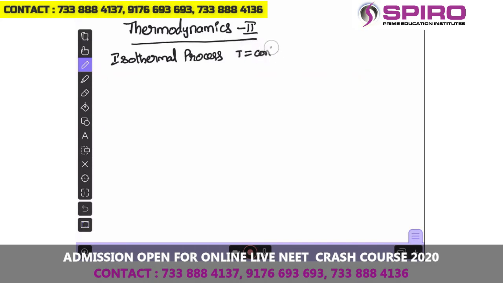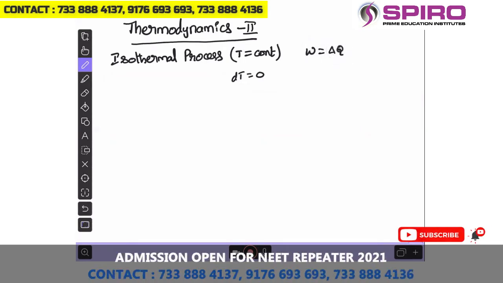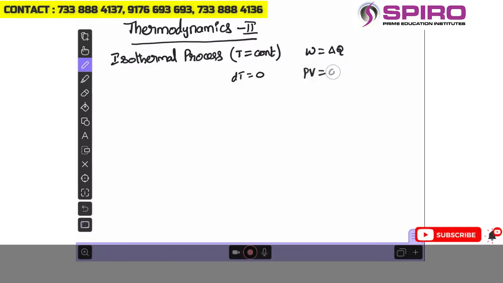Change in the temperature is 0, and the work done is the entire heat energy that is supplied to the system. The process equation is PV equal to constant, which is nothing but Boyle's law.